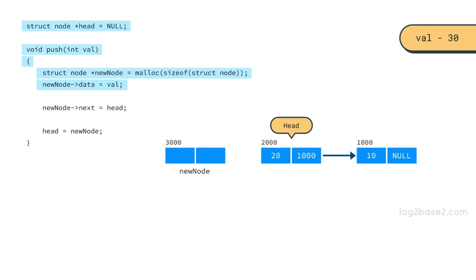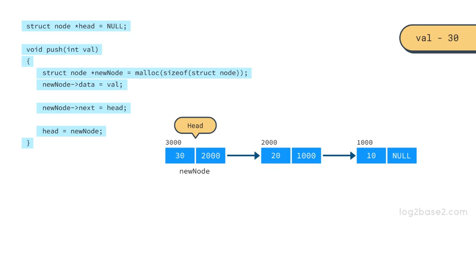So the node is created with the value 30 and it should be pushed at the top of the stack, which is head here. So this new node should point to head. So write new node next equal to head. And now make the new node the head of the linked list. So that is how push operation can be performed when we implement stack using linked list.